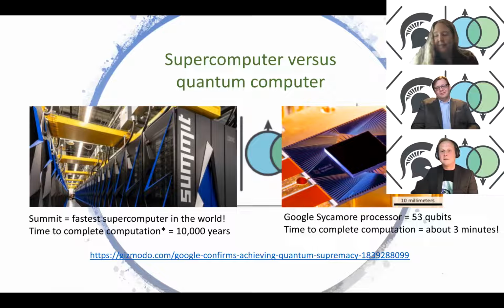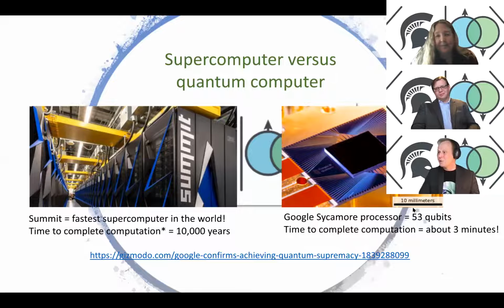To give you some sense of comparison, this fastest supercomputer in the world, if it could run this computation, which it cannot, it would take it 10,000 years to do the same computation. They didn't actually run a 10,000 year long computation, but they can estimate how long it would take the computer to run this, and it would take something like 10,000 years. So that gives you some sense of just the disparity.